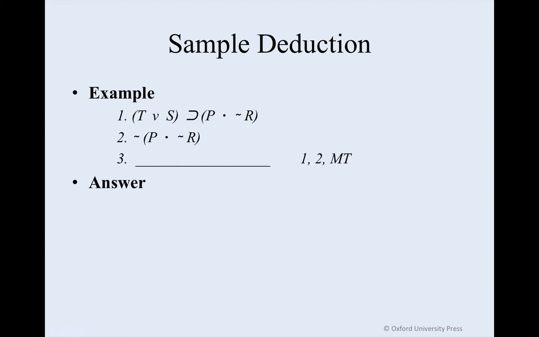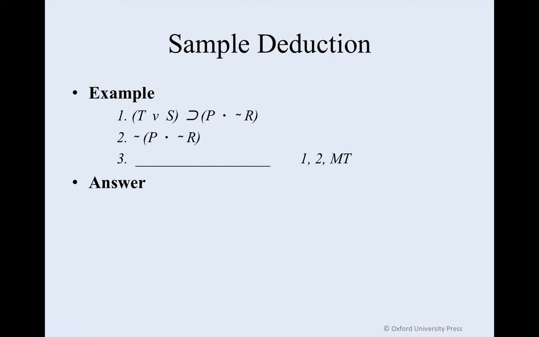Second premise is tilde parentheses P dot tilde R. In other words, it's not both P and not R. The tilde is the main operator, and that's because it governs the entire sentence. In other words, it's the only operator of the three operators that applies to the entire statement. It says no to both.